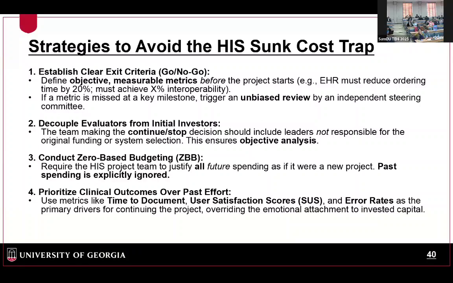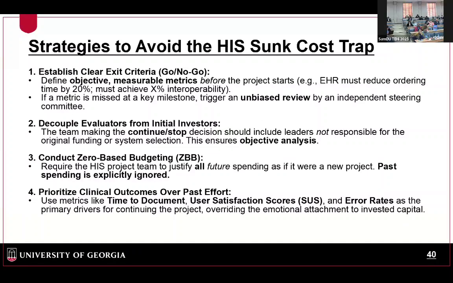So what do we do? To avoid the sunk cost trap, we need to establish clear exit criteria, defining objective, measurable metrics before the project starts. We also need to evaluate from time to time to assess whether a metric is missed or a key milestone is missed, with an unbiased review by an independent steering committee.